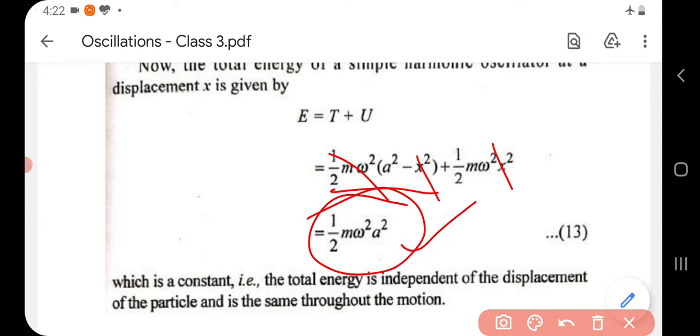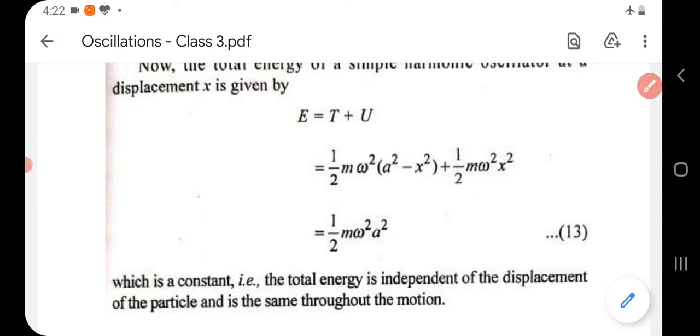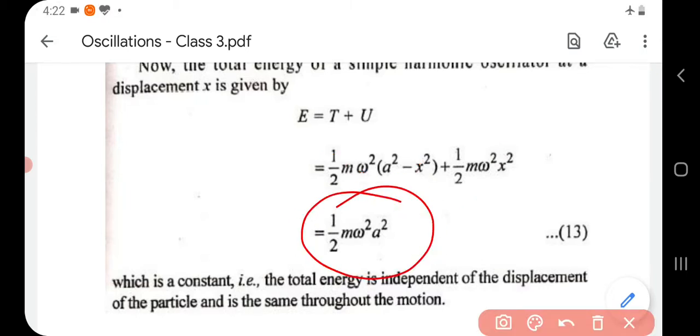This is a constant. This means that the total energy is independent of displacement of the particle and is the same throughout the motion. Why? Because it is independent of displacement. Here you cannot find any term x.